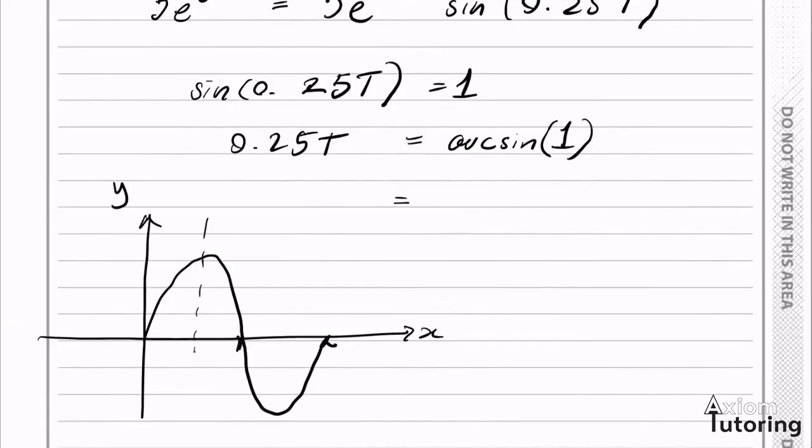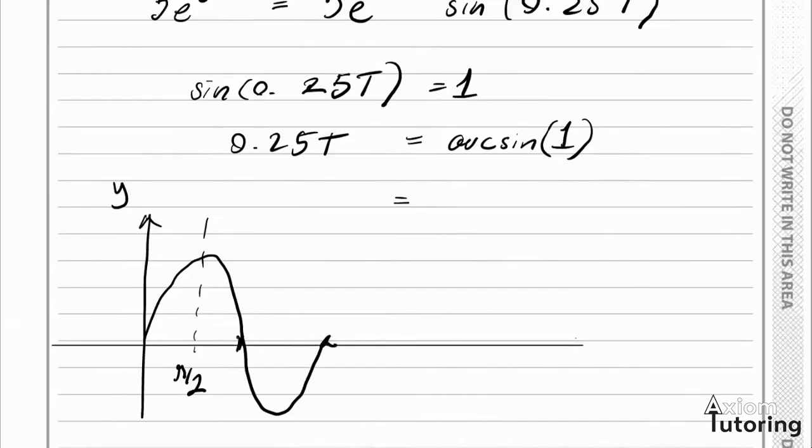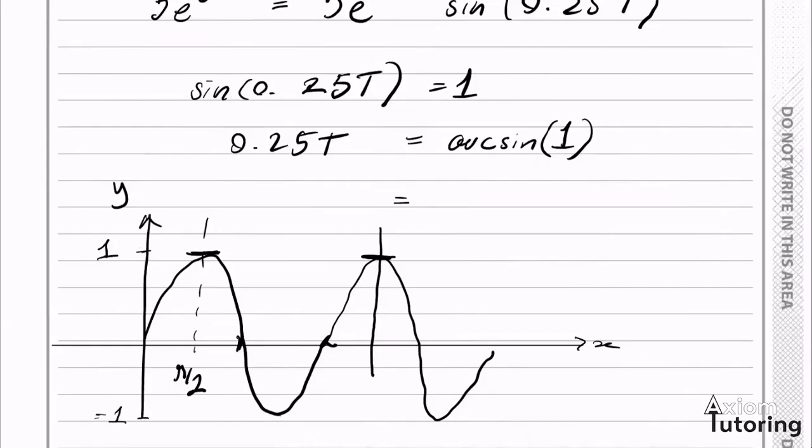And we know that the maximum value is reached for pi over 2. Now, if we extend this a little bit, this is obviously going to be the first maximum. The second time we reach a maximum value will be here. So this is also the maximum value for sine, and you can label the minimum.